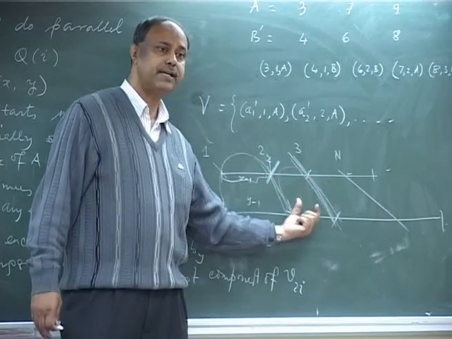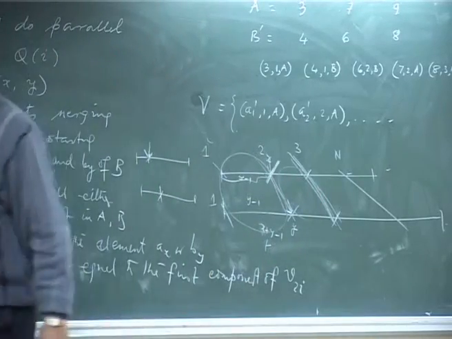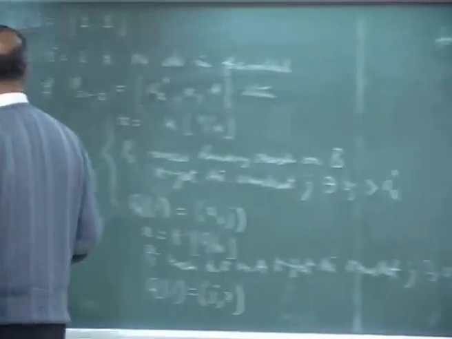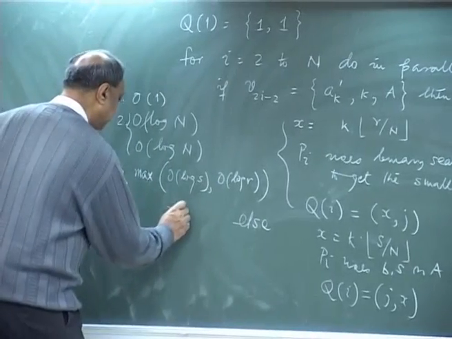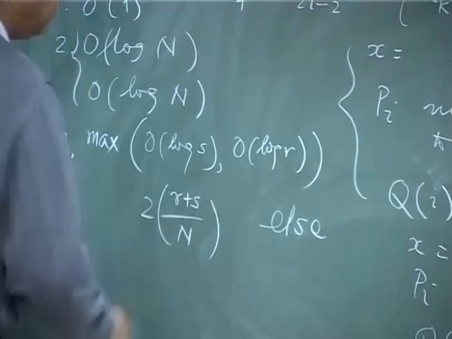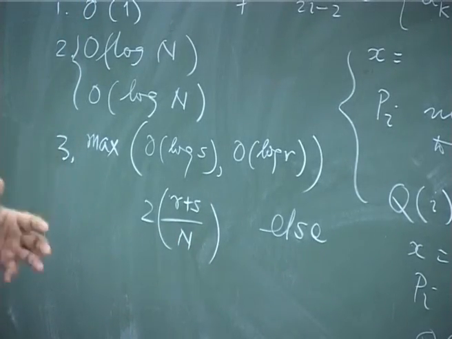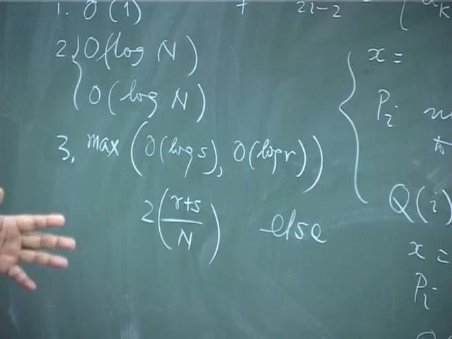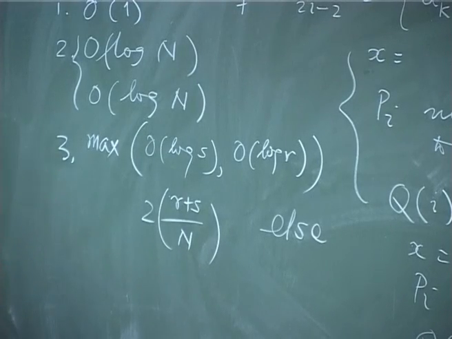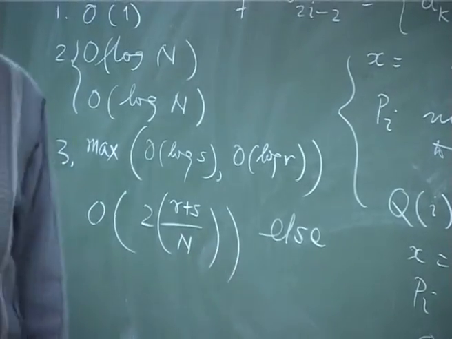Similarly R by n plus S by n, because it is a 2V. So the size is 2 times (R plus S) by n, which is the total number of elements to be merged in the worst case. So the cost is of this order, because this is a sequential merge.